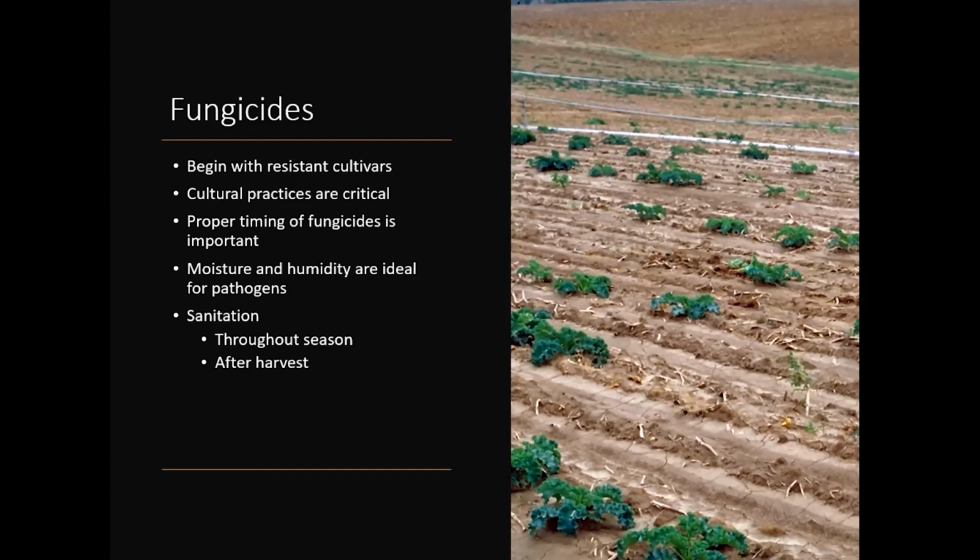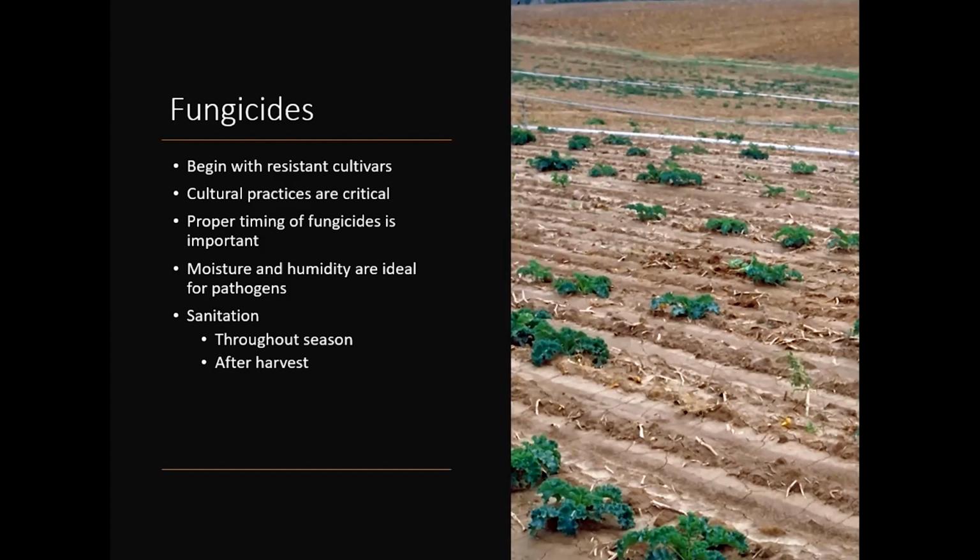If you're going to use fungicides, you have to time them. You have to know what you are spraying for. You're not going to use a symptom to diagnose your own plants. We have a plant disease diagnostic lab, and your county agent can help you with that. You're always going to manage soil moisture and humidity, and if possible, microclimates, so that you will have an environment that is not conducive for disease.